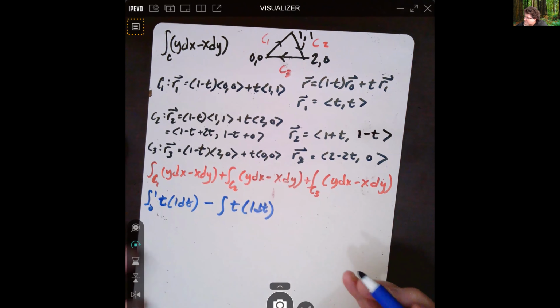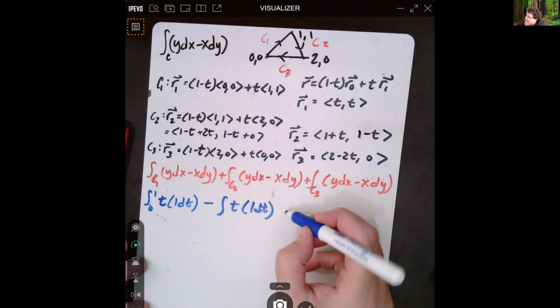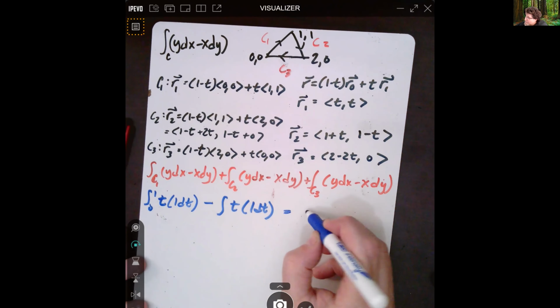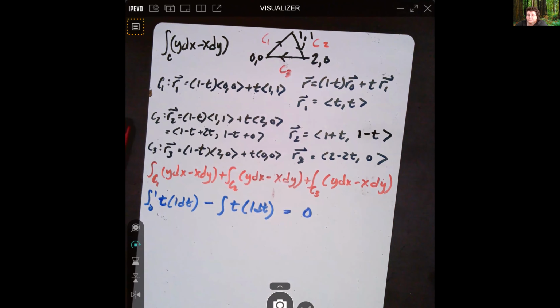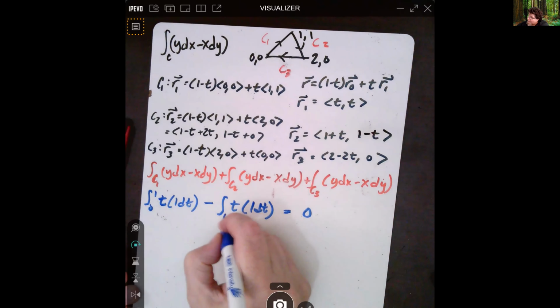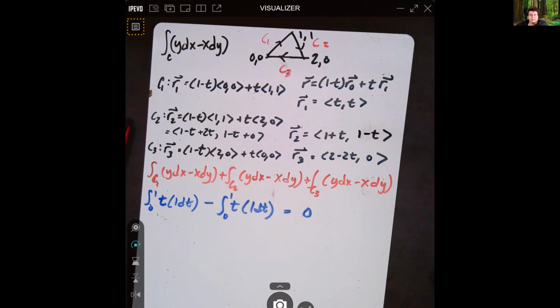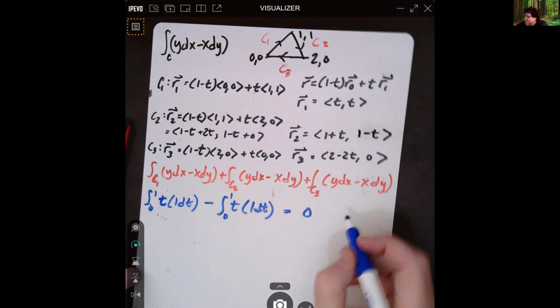This is the same thing minus the same thing again. Those are identical, so we're going to get 0 without integrating. If you need to integrate, you still should get 0. It helps if I put the limits of integration on there. So that was curve 1.